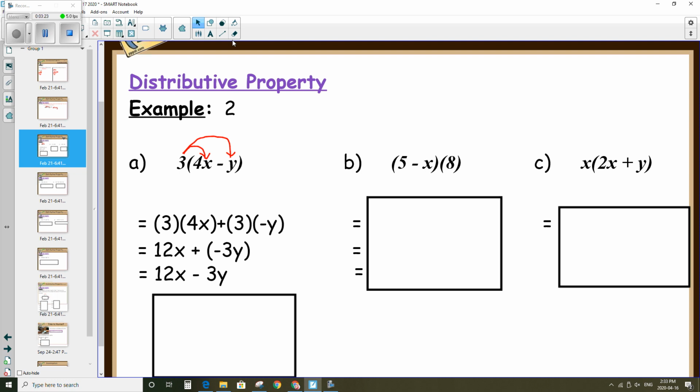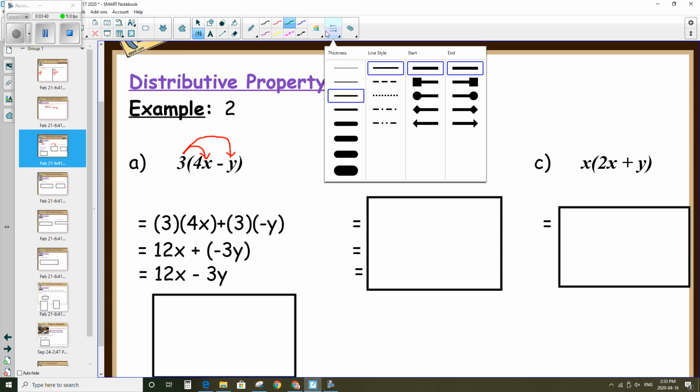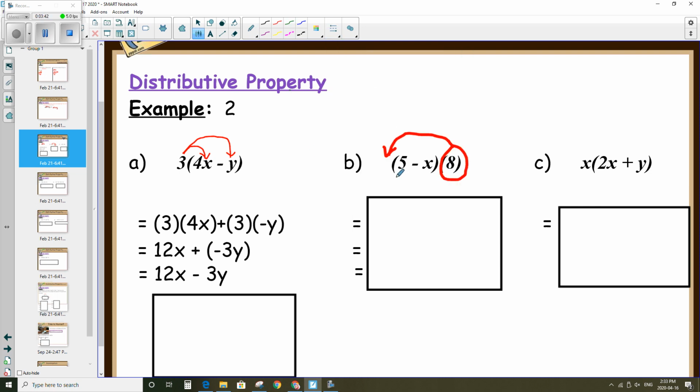All right, for this example here, what I can do is I'm going to take this 8 and just move it to the front. Okay, move that to the front so that it looks similar to the other questions. Okay, and now we're multiplying the 8 by the 5. I'll use a different color. Okay, so we have our 8 in the front here now. So 8 times 5, and we're multiplying 8 times negative x.